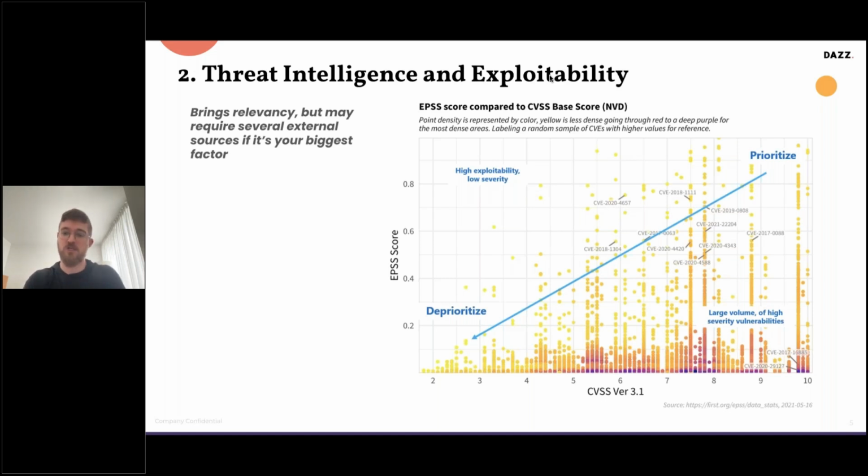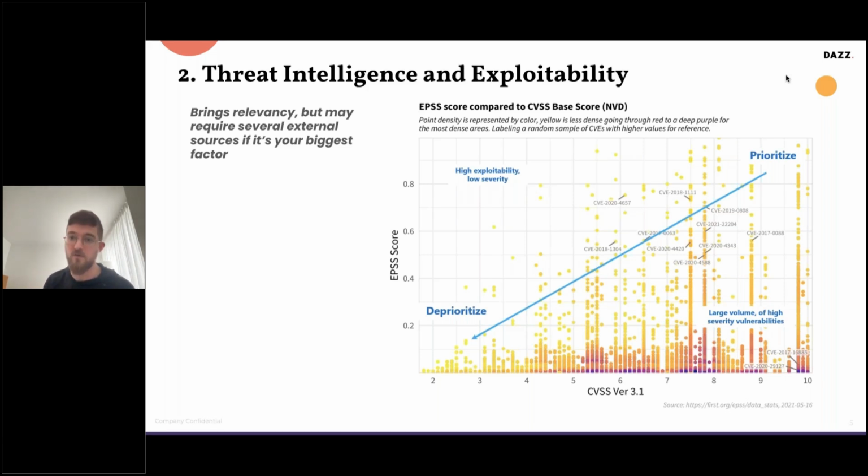And here in this chart, we're seeing the comparison between CVSS version 3.1 to the respective EPSS score of the same vulnerability. And it's not surprising that some of the data here is not completely uniform in the sense that a CVSS 10 vulnerability is not necessarily going to be exploited in the future, and a CVSS 6 vulnerability does not mean that it is not being used by attackers, right?